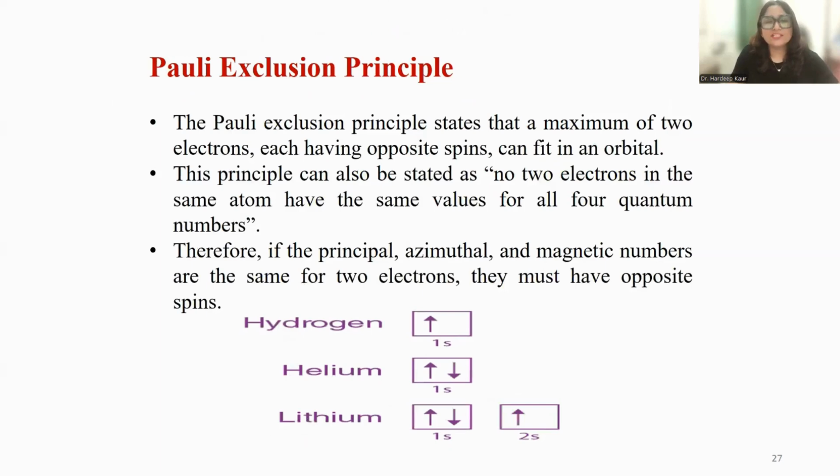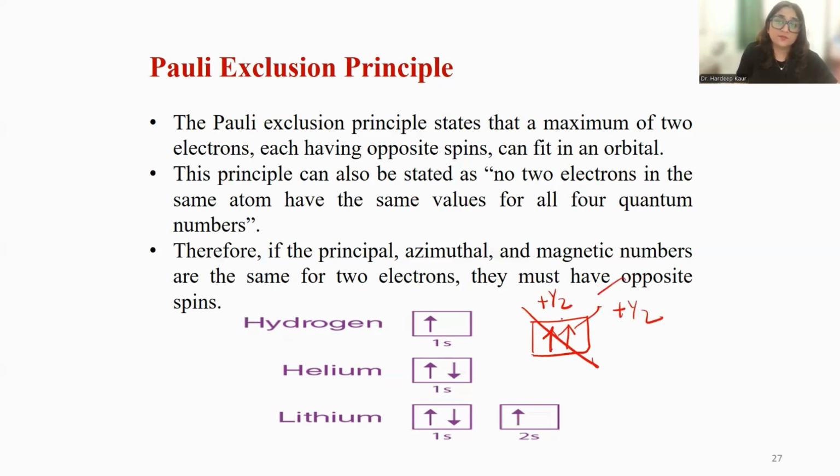So what does the Pauli exclusion principle tell us? That no two electrons in the same atom have the same value for all quantum numbers. Suppose this is an orbital. If you are writing one electron like this, you can't write another electron in the same direction. You can't say this has plus half spin and this also has plus half spin.